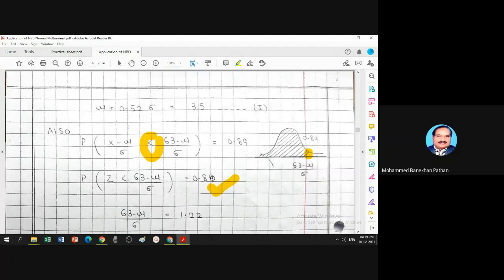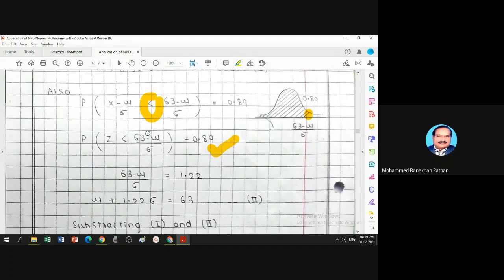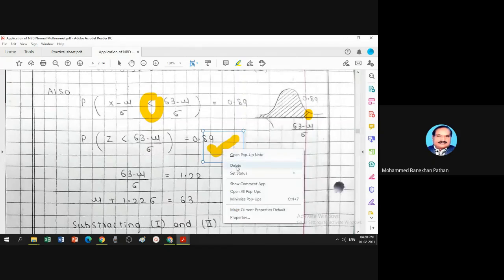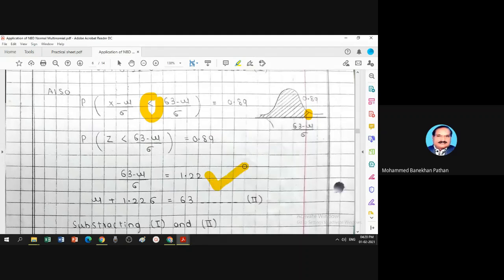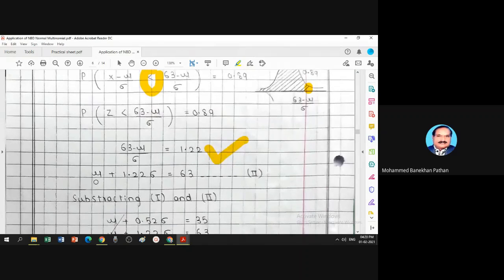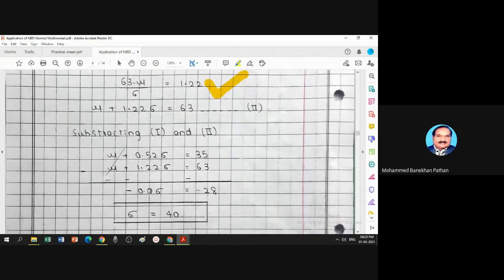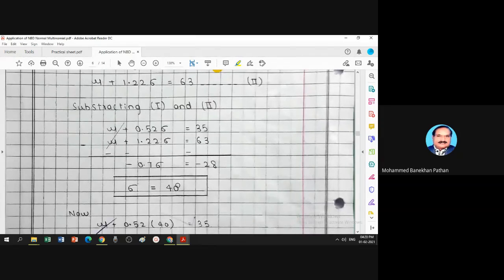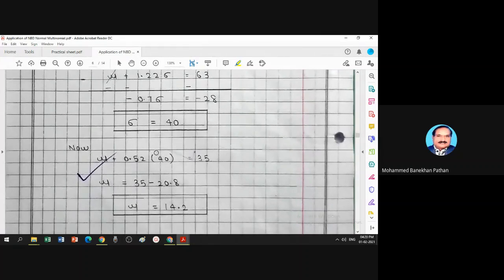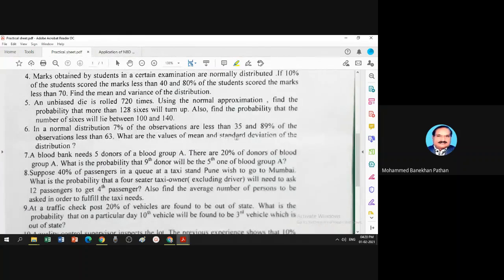Simplify, this point is 1.22. This is the table value. So solve this, you get equation 2. Solving equations 1 and 2, you get sigma. Put sigma in any one equation, you get mu. So this is the way of solving questions related to applications of the normal distribution.